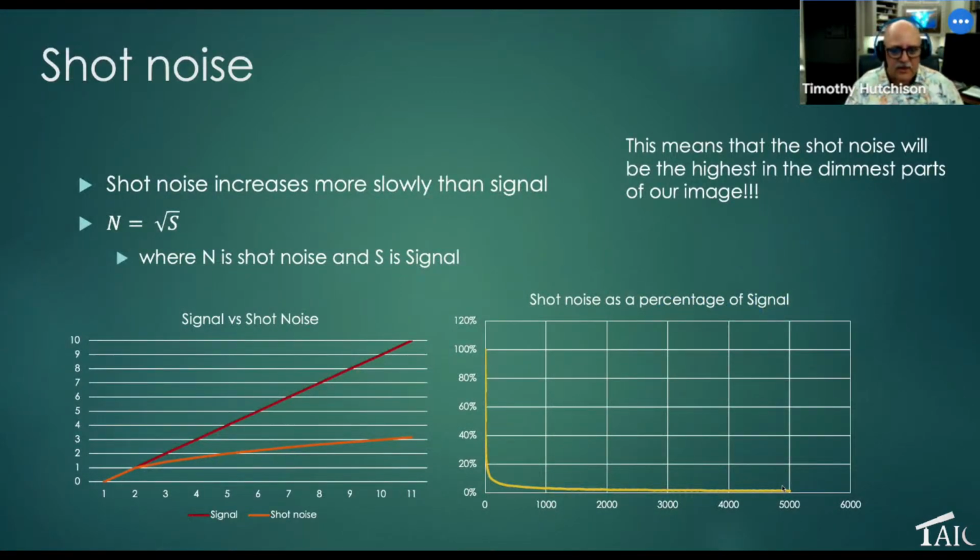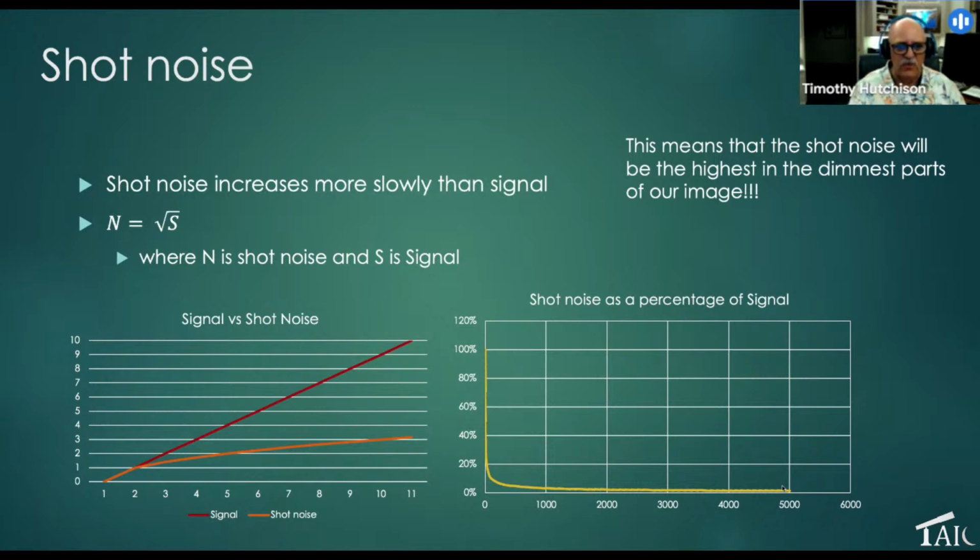Now, take my word for this one, because I didn't want to pull the proof out, because I know I'd put you all to sleep. But shot noise increases more slowly than signal. In fact, the shot noise is equal to the square root of the signal. So as our signal goes up linearly in brightness, our shot noise will go up at a decayed exponential rate, right?